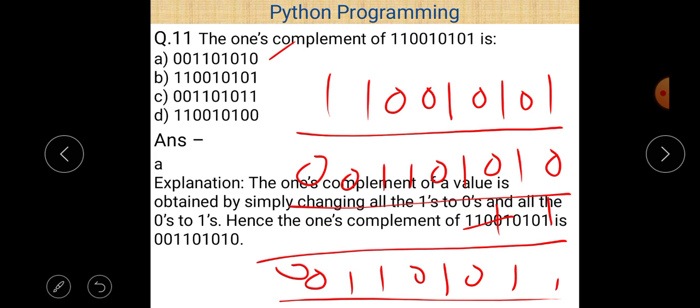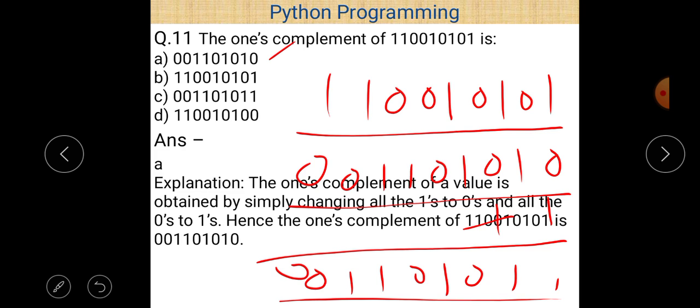And another important thing which you should know is that in a computer there is a binary representation of everything, that is 0 and 1, and 0 and 1 basically represent true and false, on and off, high and low. Okay, these are the different types of representation. For example, in terms of true or false, 0 represents false and 1 represents true.